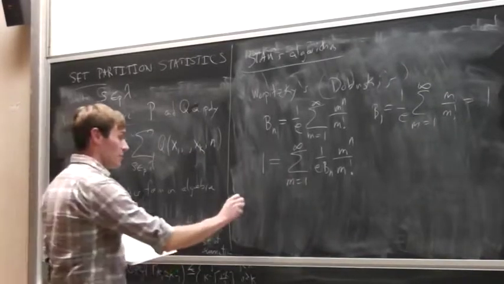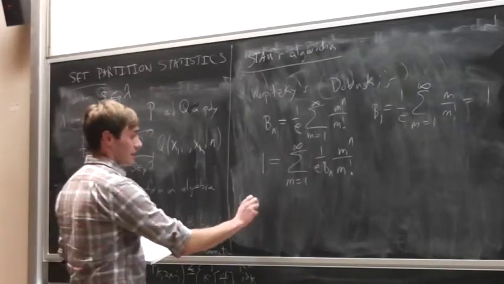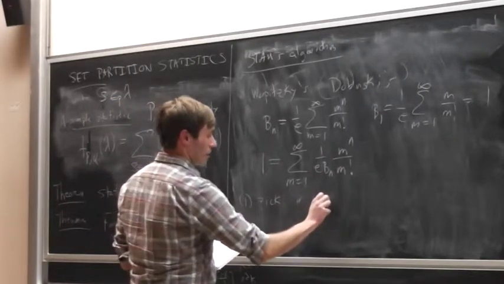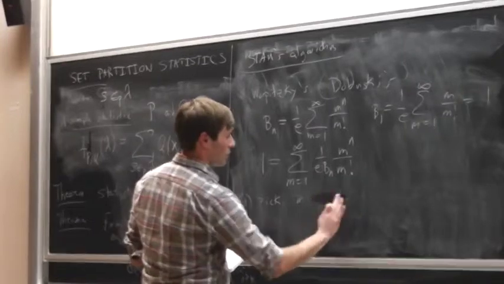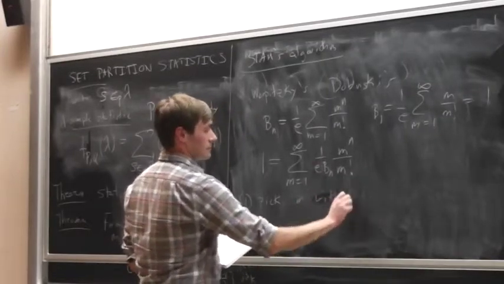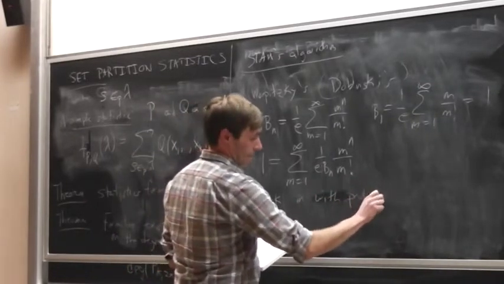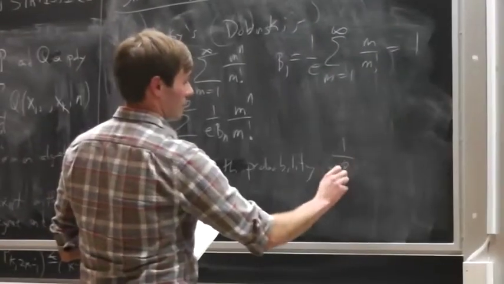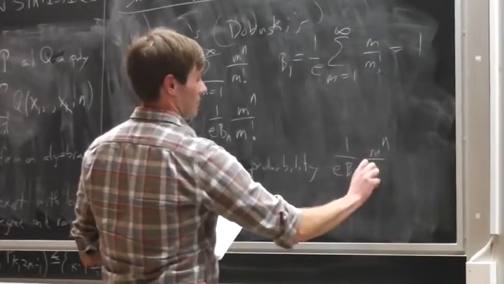Okay, so here's the algorithm. First, n is fixed, and you pick m with probability 1 over e B of n times m to the n over m factorial.